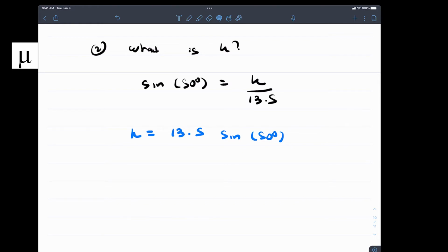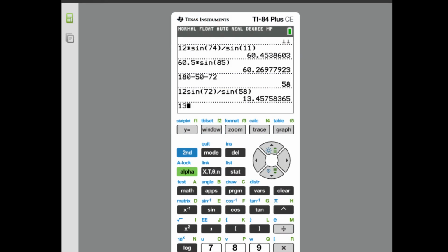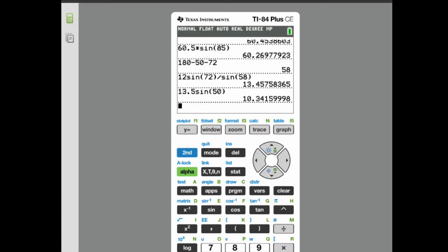So, by calculator, what's the deal? 13.5 sine of 50 degrees. So what do you end up with for H? H is approximately what? 10.3 what? Miles.